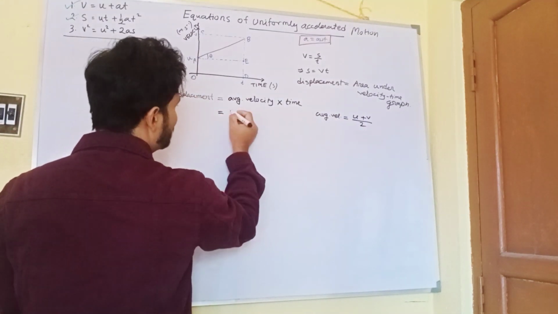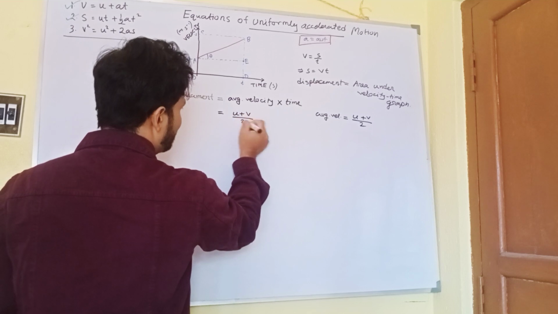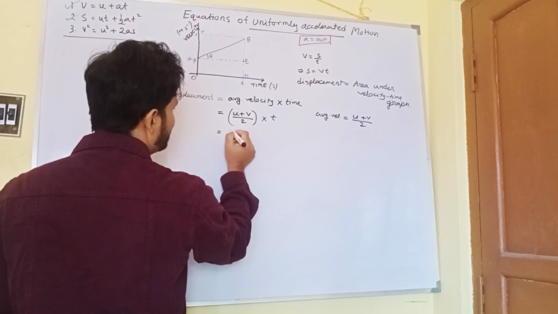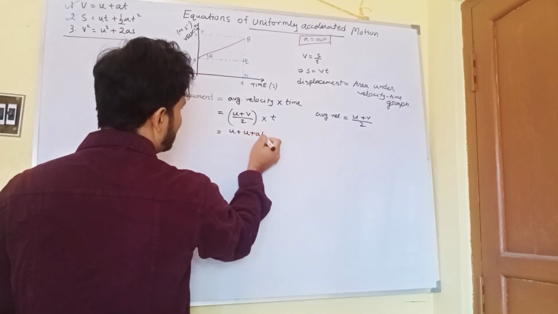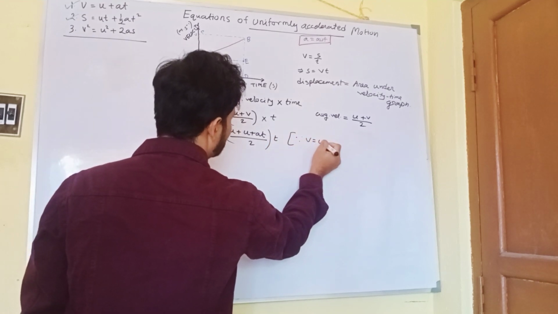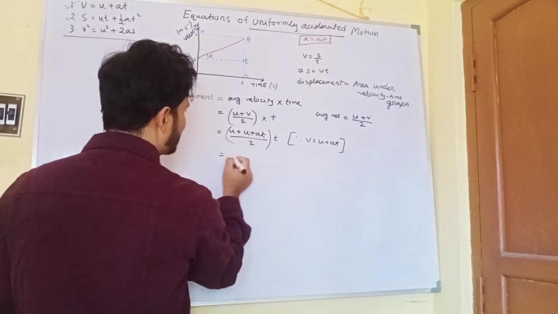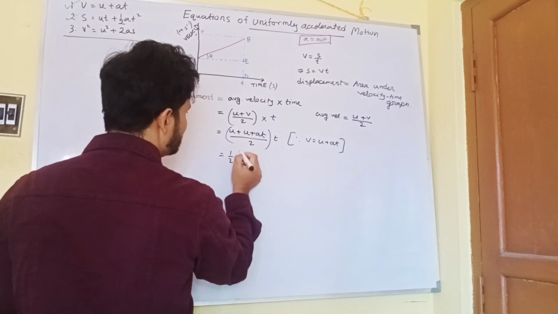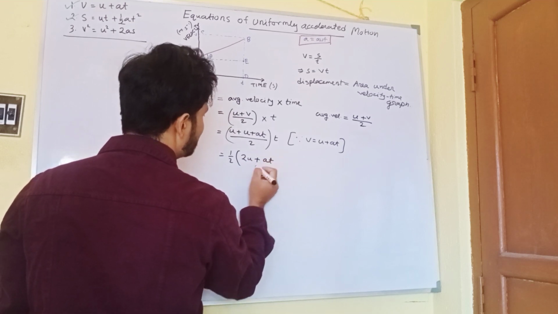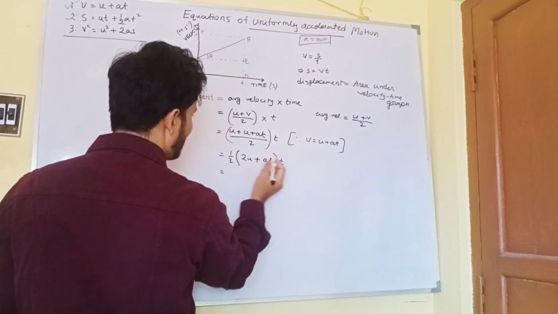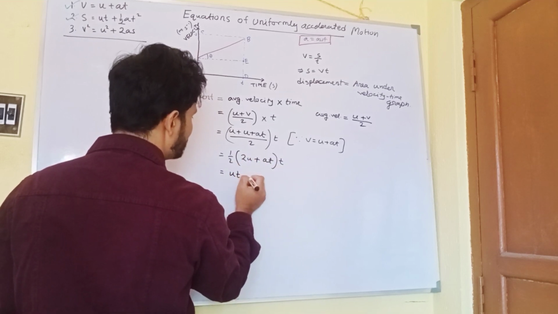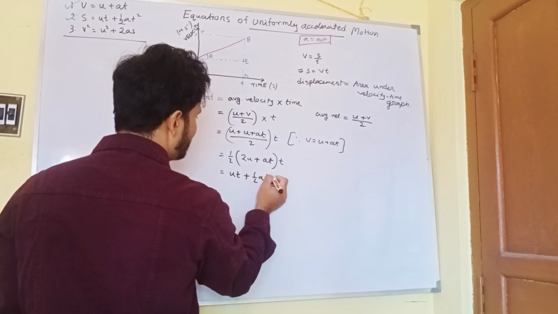Now we will put this U plus V by 2 into T. Again, we know that V is equal to U plus AT. So it is U plus U plus AT, by 2, into T. Taking half outside, what is the remaining? 2U plus AT, into T. Now we multiply half and T with the first term and it becomes UT, then half A T square.